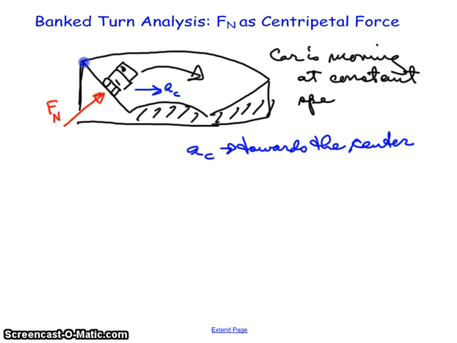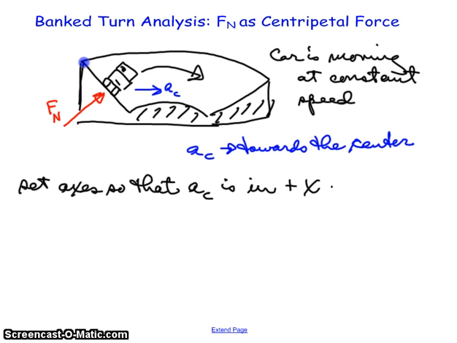Not constant velocity because its direction is changing, but at constant speed. So we set our axes so that a sub c is in the plus x direction. And let's see what happens if we do that.